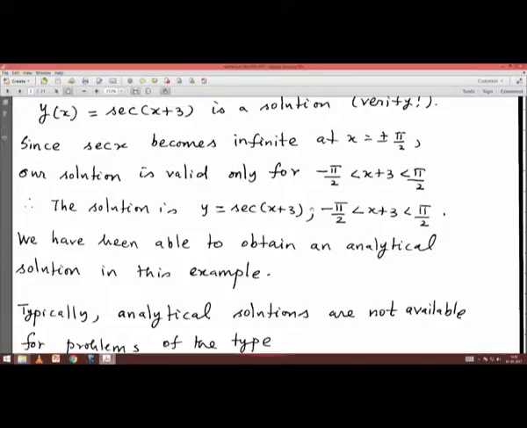So, our solution secant of x plus 3 is valid only for those values of x which satisfy the condition that x plus 3 lies between minus pi by 2 and plus pi by 2.